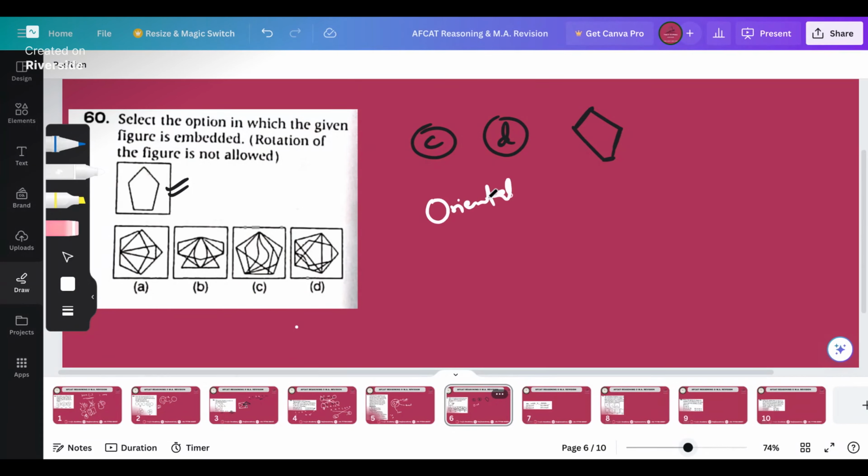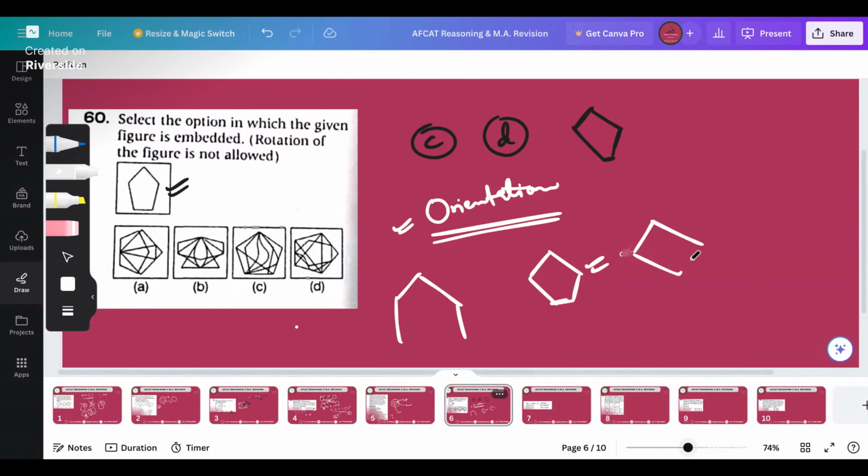And that is why in C, when you see, it is upright. It's not this way, it's upright. But in D it's this orientation. So we will not pick up this one, and we'll pick up C as your answer option.